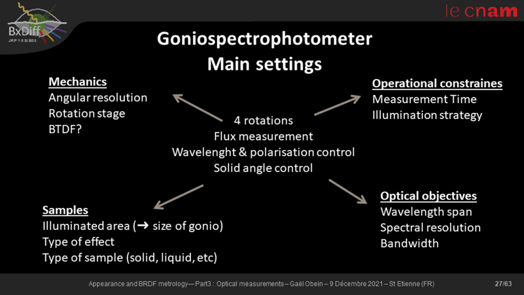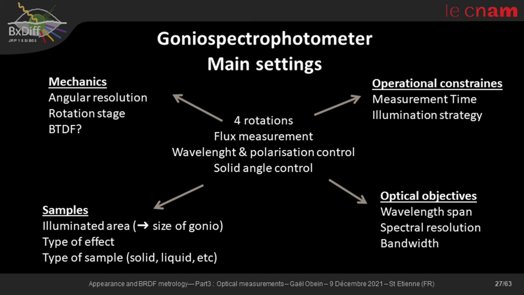Also, what type of illuminated surface? Typically, if you want to characterize a textile, like my pant, the appearance seen from this distance, you need to have the average, so you need something that is larger than the texture of the textile. So let's say that the texture is about 1 millimeter.